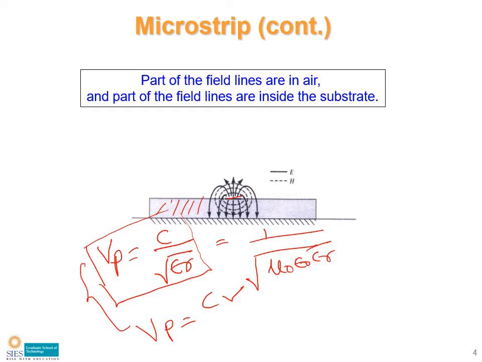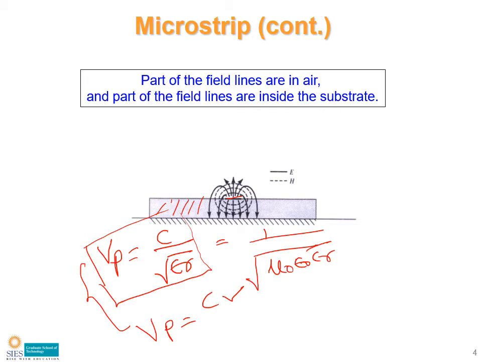If you measure this same signal at some distance, then the two signals will have a phase difference. Because of this phase difference between the electric field and the magnetic field, the electric field component in the air has a phase difference with the electric field component in the dielectric. Similarly, the magnetic field component in the air will have a phase difference compared to the magnetic field components in the dielectric.